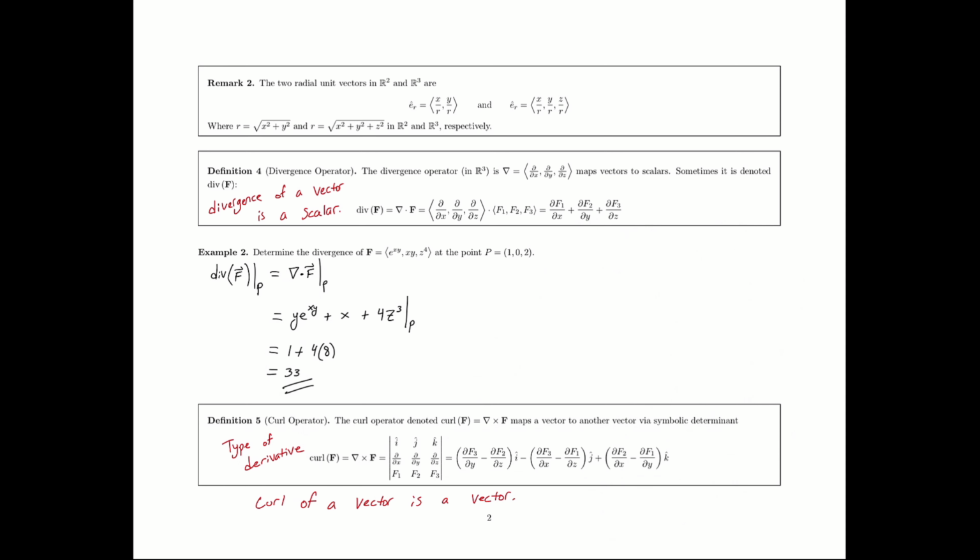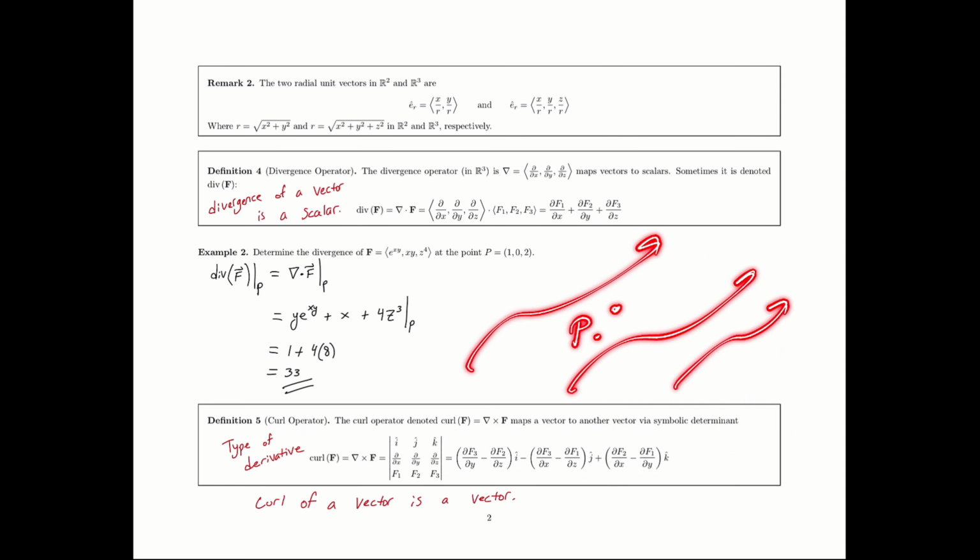What the curl actually does is this: when you have a vector field, let's call it F, and a point P, the curl of F at the point P produces a vector, I'll just say v for vector. This vector effectively gives you the axis of rotation.